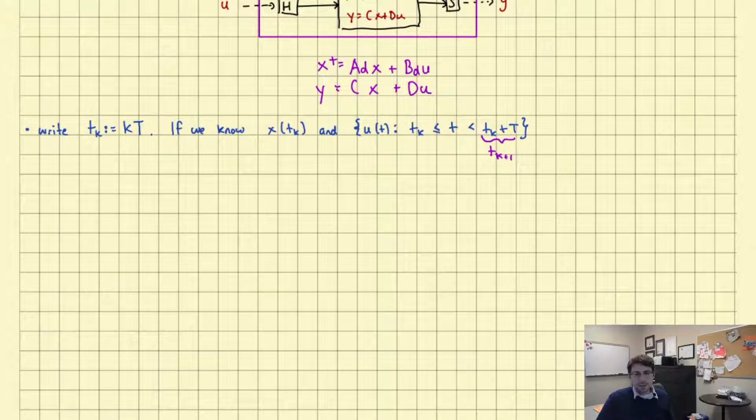So if I know the state at time tk, the kth instant, and I know the input that I'm applying over that range, I can use my solution from above.